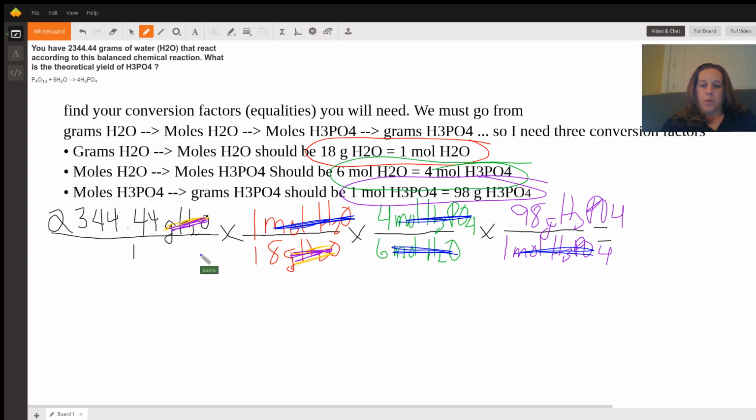And what I will get eventually, pardon me for one moment, using this method, I'm going to get 8,509.45 grams of phosphoric acid.